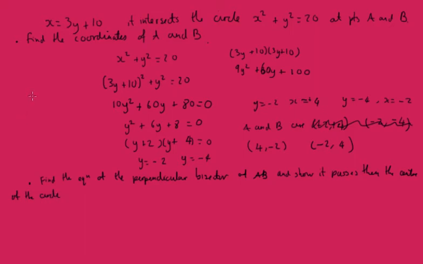So let's just think about what that means. There's our circle, and we've got our line AB through it. Our perpendicular bisector, so there's A, there's B, would be halfway through it. So it's going to be a midway point, and it's at right angles.